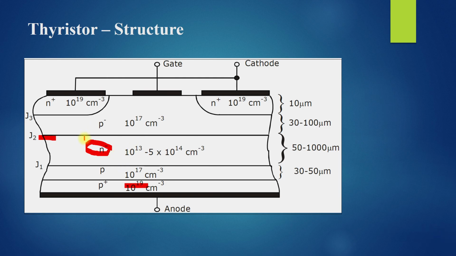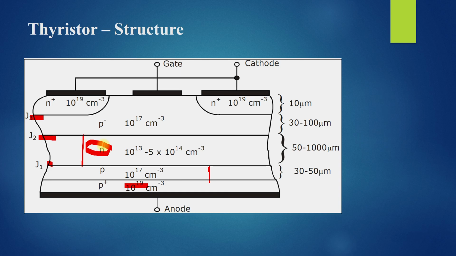That's why the width of this N1 layer is large, because it has to withstand the high voltage during forward blocking. When this thyristor is connected in reverse bias, junction J1 and junction J3 are both in reverse bias and junction J2 is in forward bias.